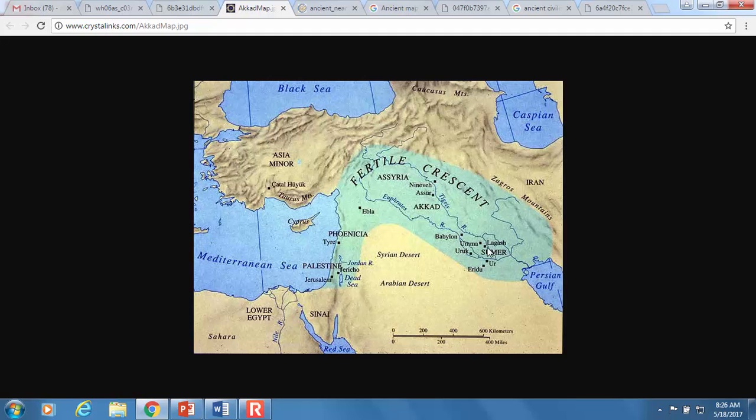This is Mesopotamia once again, the Tigris River, the Euphrates River, and the Assyrians came from this area known as Assyria. They were known for establishing a powerful empire, and also for helping to unite people of the Middle East.